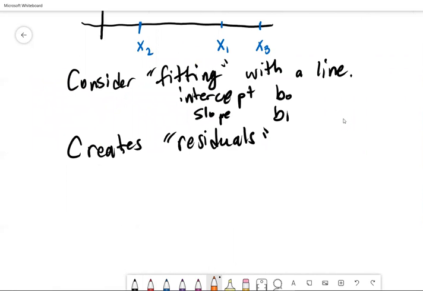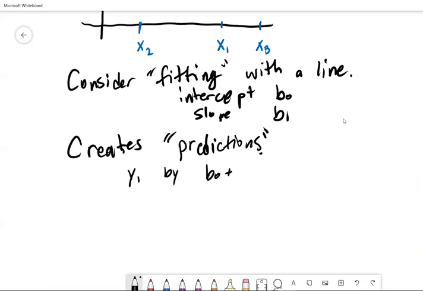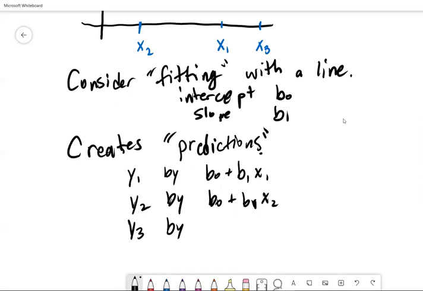So let's say it creates predictions first. It creates predictions, and it predicts y1 by b0, the intercept, plus the slope times x1, y2 by intercept plus slope times x2, and y3 by intercept plus slope times x3.